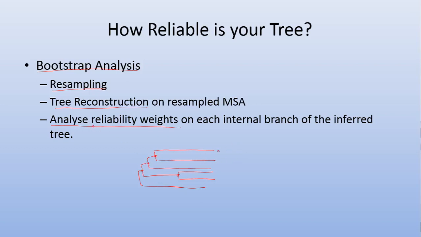Say you have generated 100 trees from 100 resampled multiple sequence alignments, and out of these 100, it was observed that 95 times the sequences A and B were found together. In this way you can say that this portion of the phylogenetic tree is more reliable. The reliability of A and B being together is quite high. This is how you perform bootstrap analysis and determine the reliability of your tree.